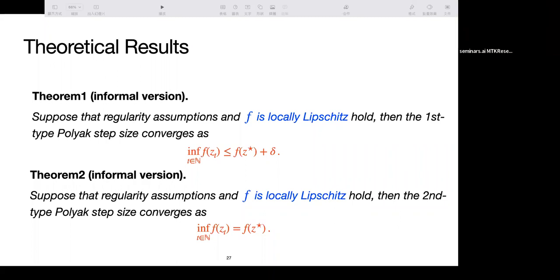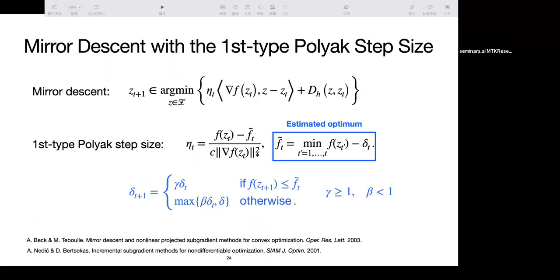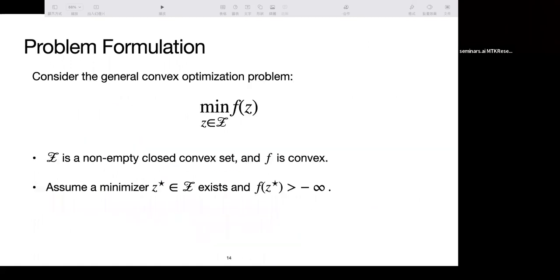I think it is the latter, because the problem formulation we consider is that capital C is only a non-empty closed convex set, so this is arbitrarily any subset in the entire space, for example the Euclidean space.